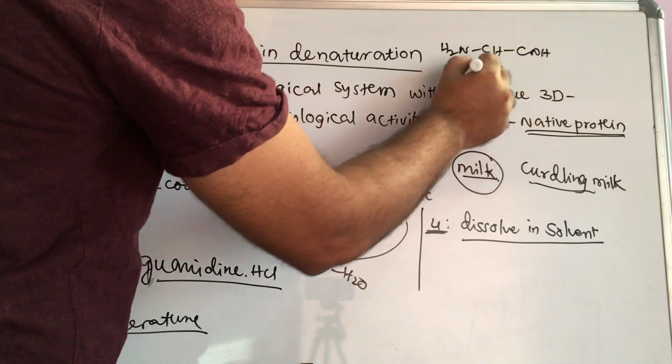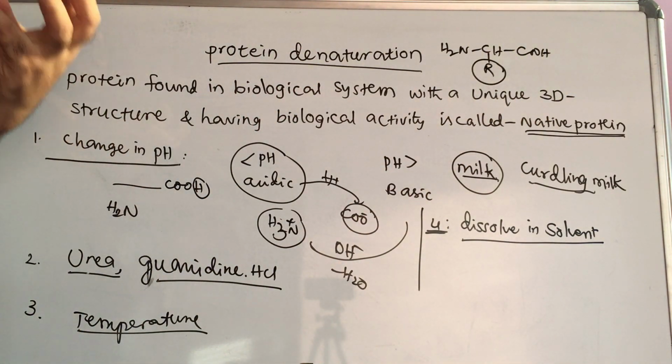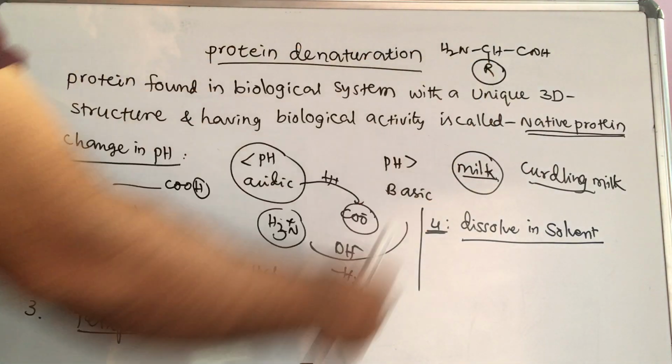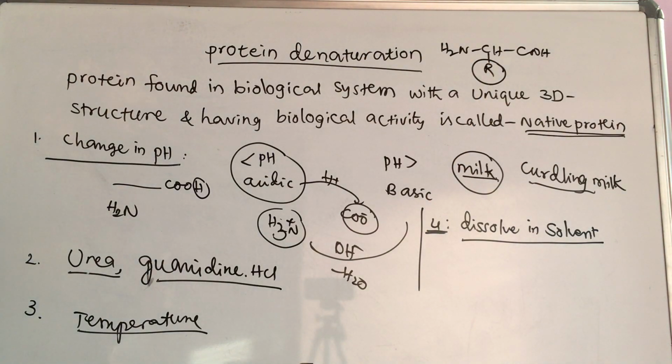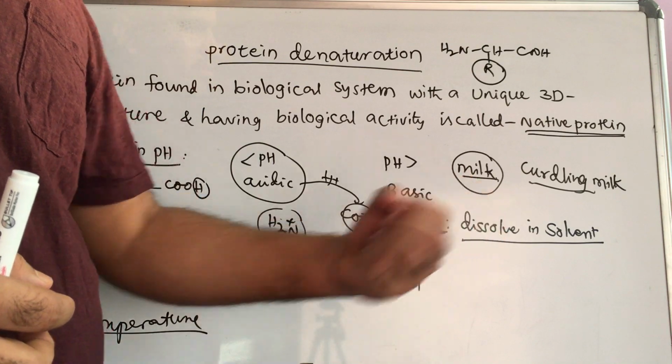This is the alkyl group, which is the hydrophobic part. If you dissolve in a non-polar solvent, the long chain has a non-polar part, that is the hydrophobic part, and this hydrophobic part will interact with the solvent.